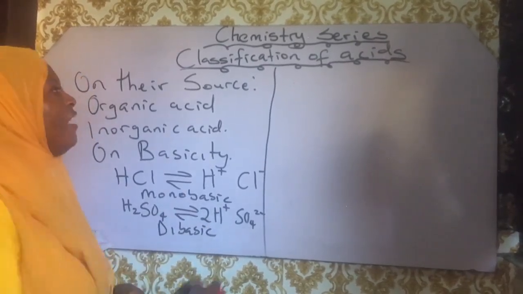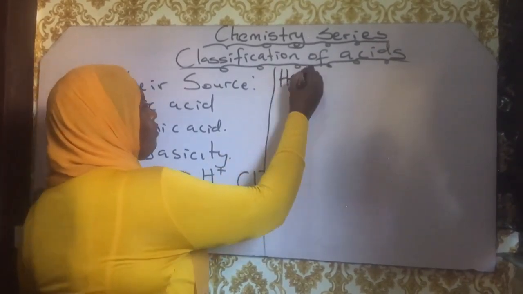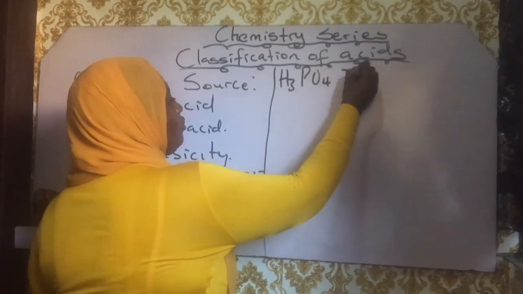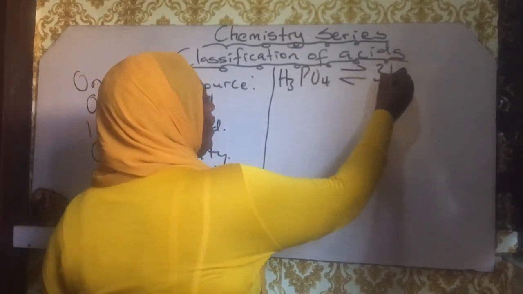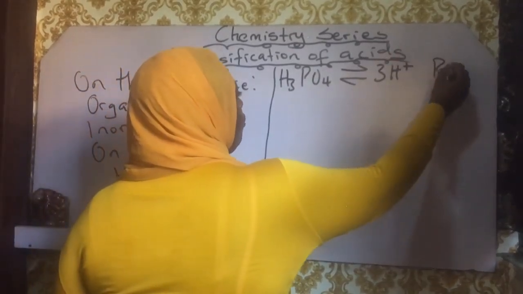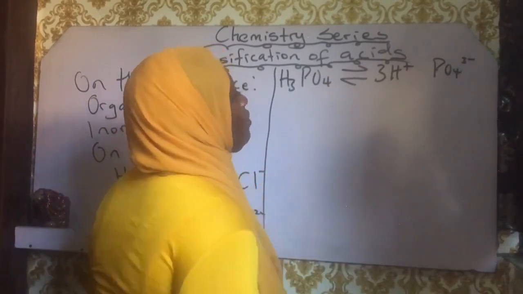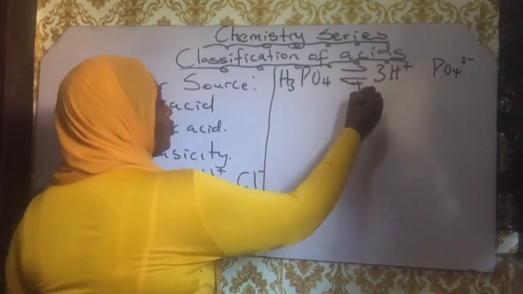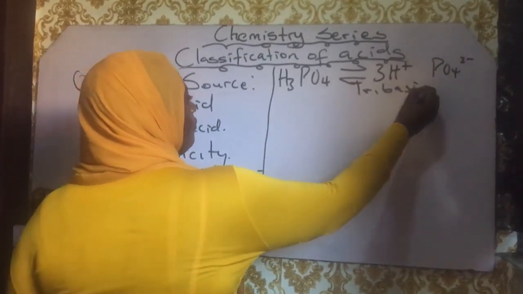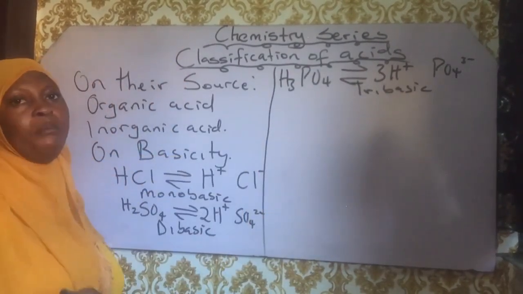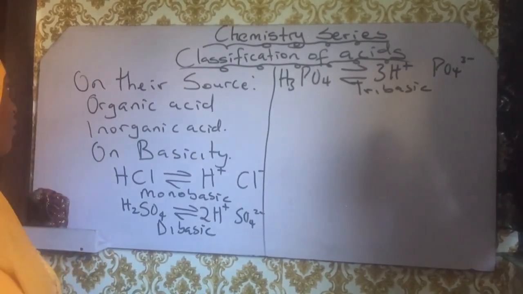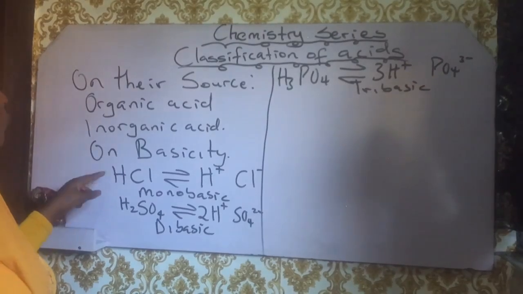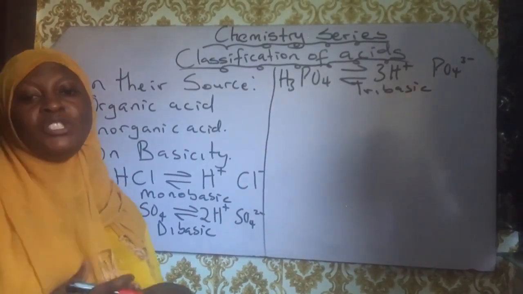Then we also have H3PO4. When this dissociates, it gives 3H+ and PO4 3-. So this is regarded as tribasic. It can give 3 protons or 3 hydrogen ions. So based on basicity, you have monobasic, dibasic, and tribasic.